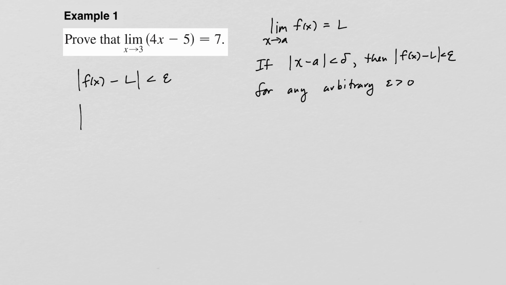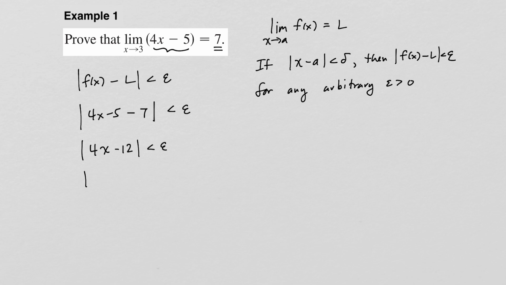Now in our particular problem, f of x is 4x minus 5, minus L is 7, and in absolute value, we need that to be less than epsilon. Now, if you simplify here, you get the absolute value of 4x minus 12 is less than epsilon.